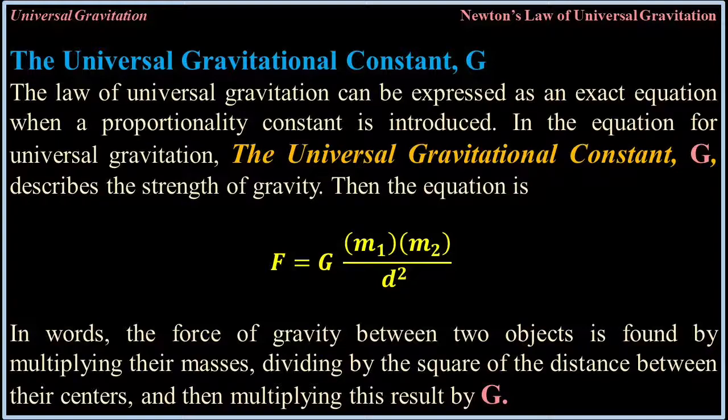Then, the equation is F equals G times m1 m2 divided by the distance squared.